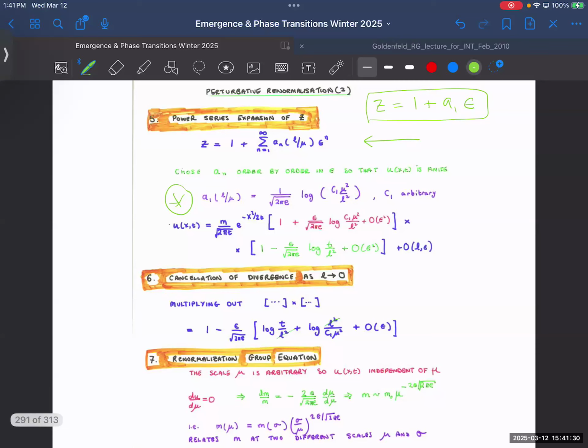And then I've got my divergent perturbation theory, which has this term here with this unpleasant logarithmic divergence. Now, okay, why did I choose this magic term? If I take this square bracket and multiply it by this square bracket, let's multiply them out, I get 1 minus epsilon over the square root of 2 pi e, and then I get the next term is logarithm of t over L squared, that comes from here, and I get the logarithm of L squared C1 over mu squared, which comes from here.